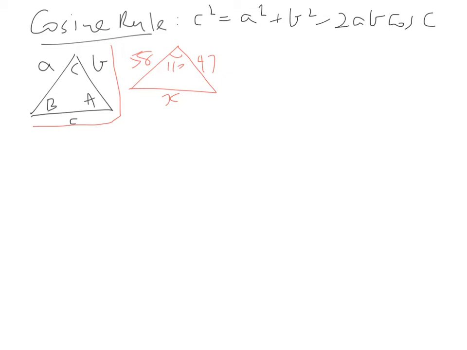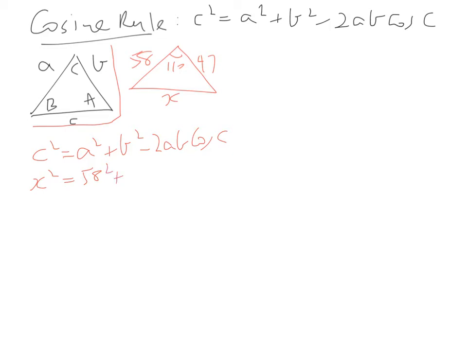So we'll say C squared equals A squared plus B squared minus 2AB cos C. Okay, so now instead of C squared, I'm going to write x squared. Instead of A squared, I'm going to write 58 squared.